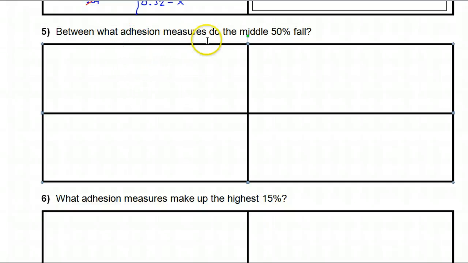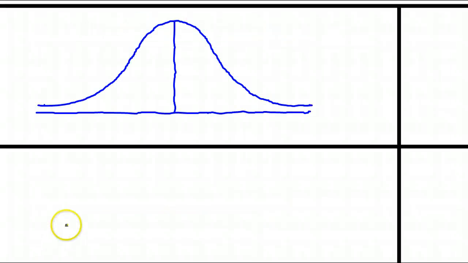Between what adhesion measures do the middle 50% fall? Sometimes these are weird when we start doing the middle percentage. I hope I don't blow your mind. So draw your normal curve, and once again we will just label this force.